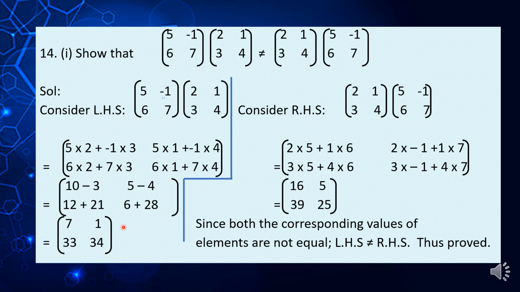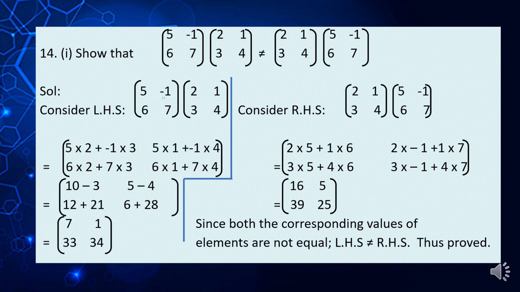That would leave us the values 10 plus 6, 16, minus 2 plus 7 would be 5, 3 into 5, 15, 15 plus 24 would be 39, and minus 3 plus 28 would be 25.